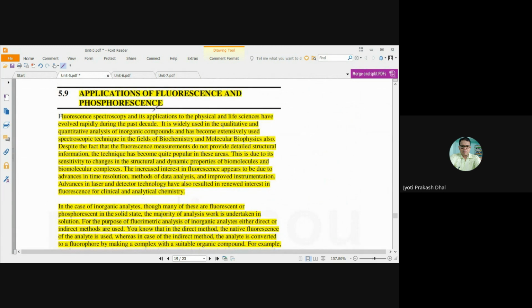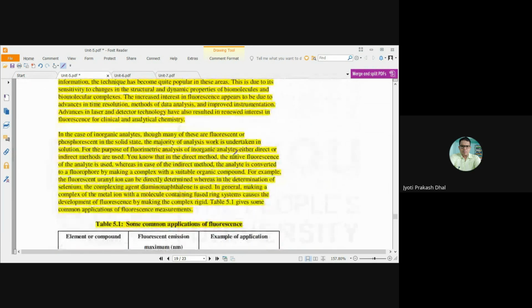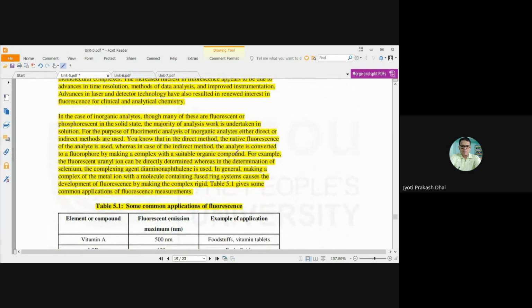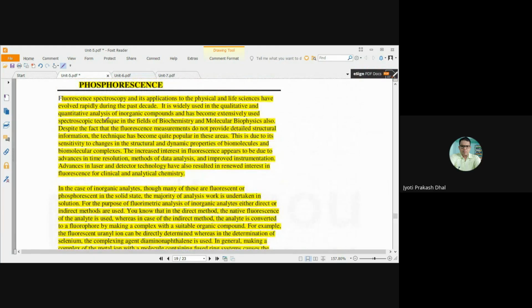Now, applications of fluorescence and phosphorescence molecules. Fluorescence spectroscopy and its application to the physical and life sciences have grown rapidly during the past decade. It is widely used for qualitative and quantitative analysis of inorganic compounds and has become an extensively used spectroscopic technique in the field of biochemistry and molecular biophysics also.